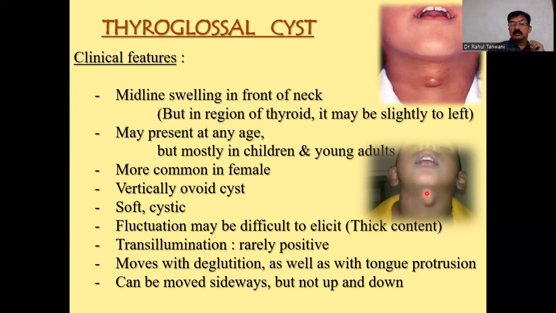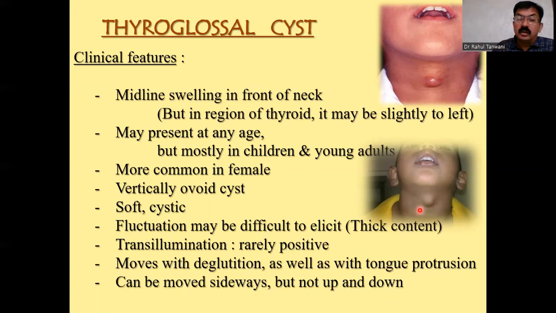I always compare it with an experiment of thread and the coin. If you take a thread and place a coin in the middle of it and you keep it tense, what will happen? In that condition, if you try to move that coin from side to side, it will move. But if you try to move it up and down, it will not move.